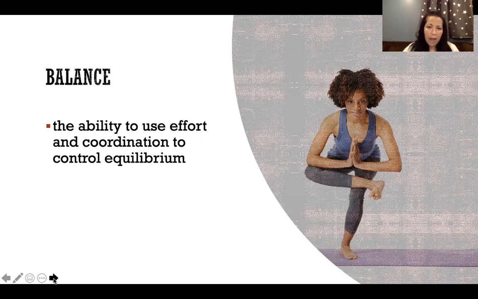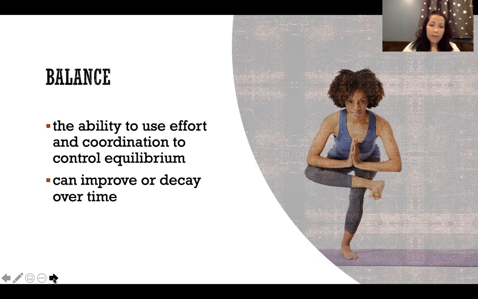Again, we either have equilibrium or not, and balance is the effort and coordination that we use to control whether we have equilibrium or not. Balance is a functional skill. This can improve or decay over time, because it's a matter of the state and ability of the nervous system and the musculoskeletal system that allows us to have balance and control our equilibrium. So that can get better or worse over time.